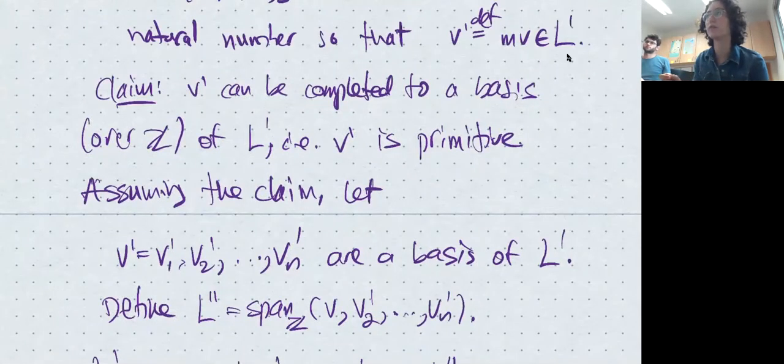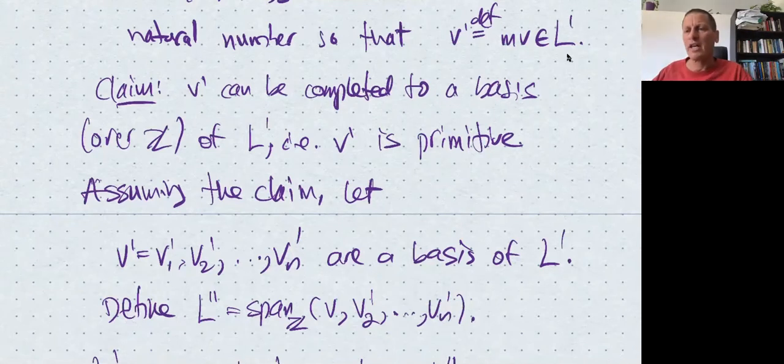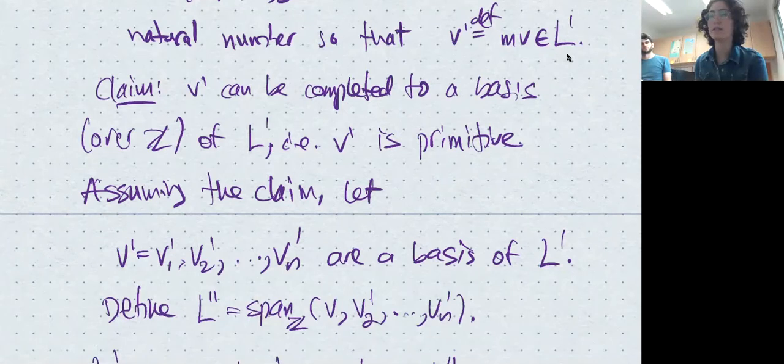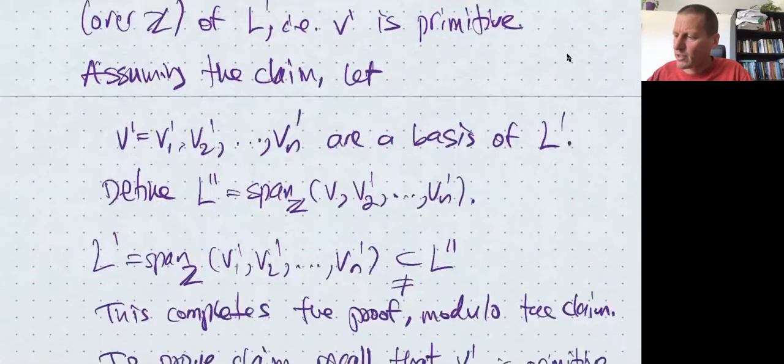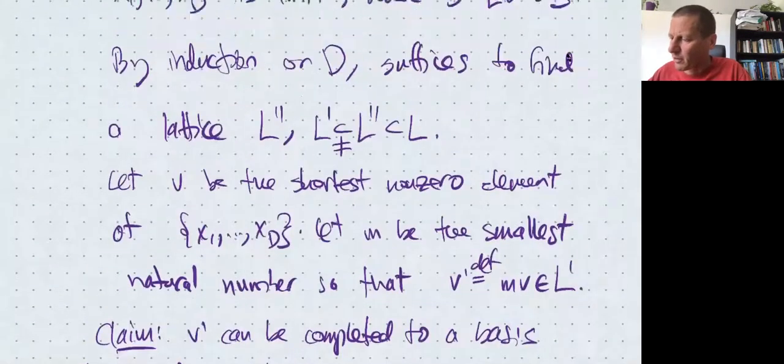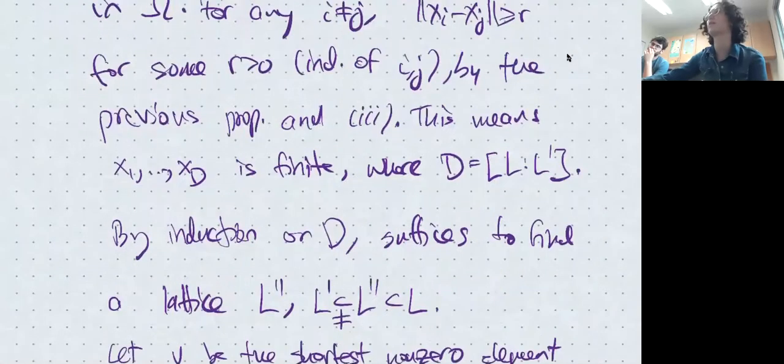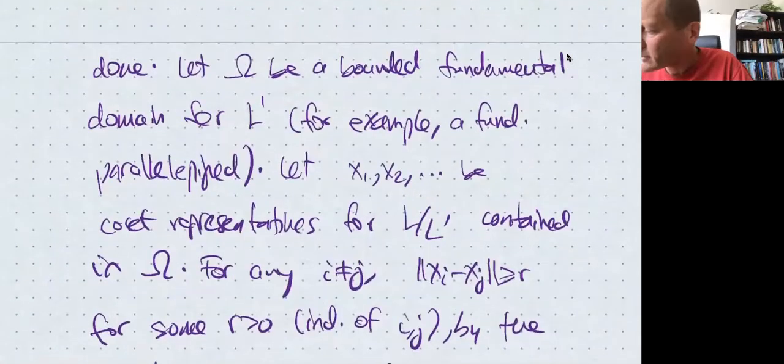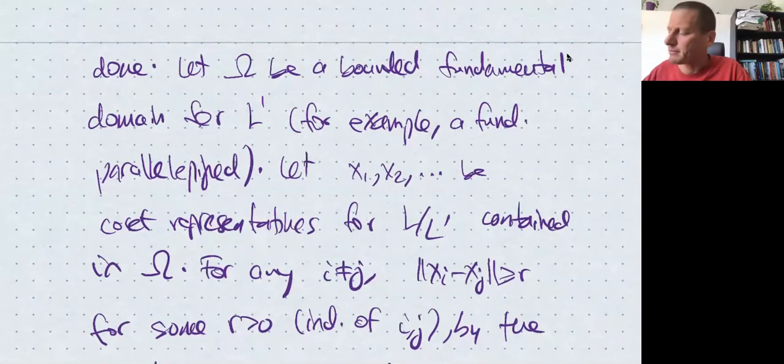Any bounded set in Rn, take any subset of it where any 2 elements are separated by at least some fixed number, has to be a finite set by compactness. You take the closure of the set. Okay. The x's are bounded. No, omega is bounded. We're doing this in a bounded fundamental domain. Yeah. That's what I missed.